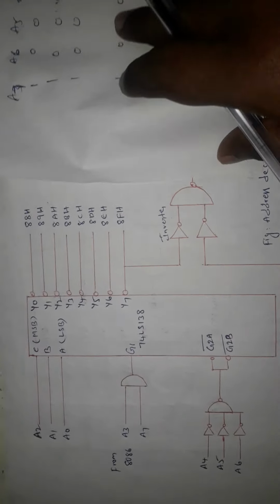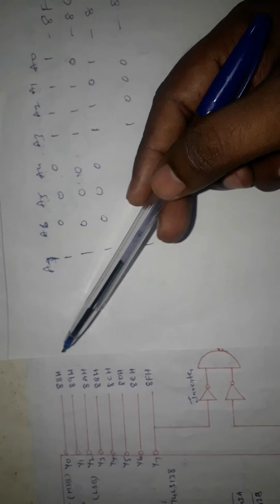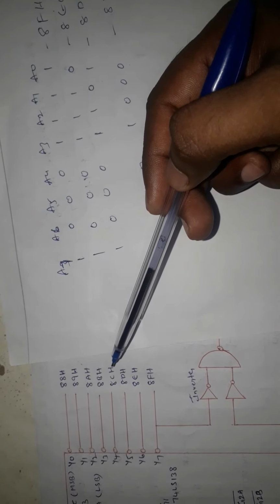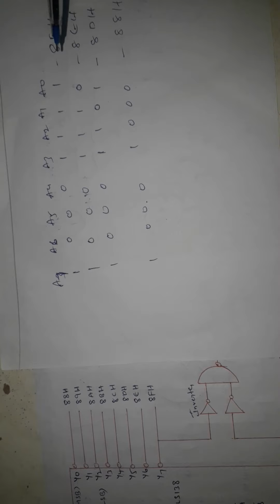If you look at the decoder IC here, we can assign 8 different addresses: 88H, 89H, 8AH, 8BH, 8CH, 8DH, 8EH, 8FH. That can be obtained through the address bits A0 to A7.